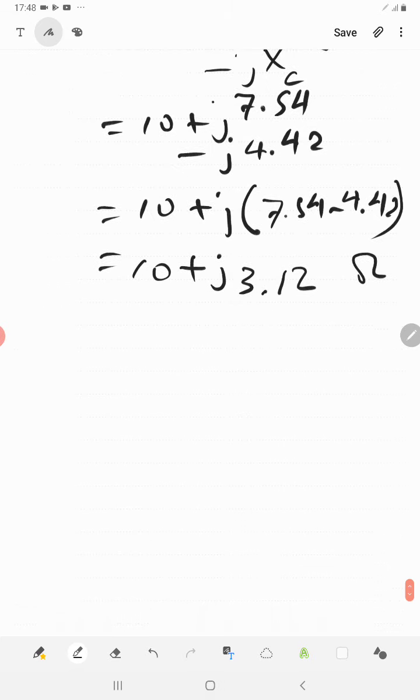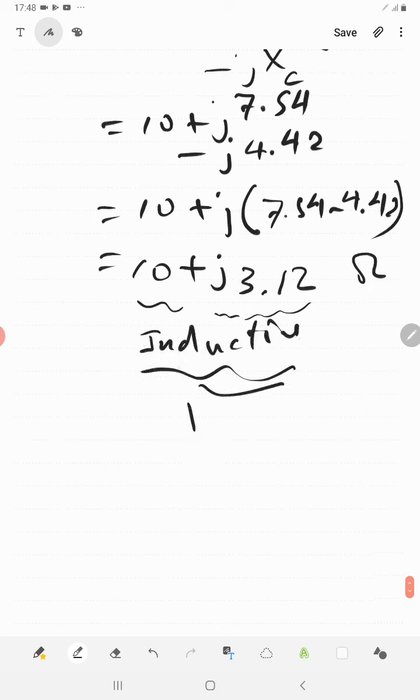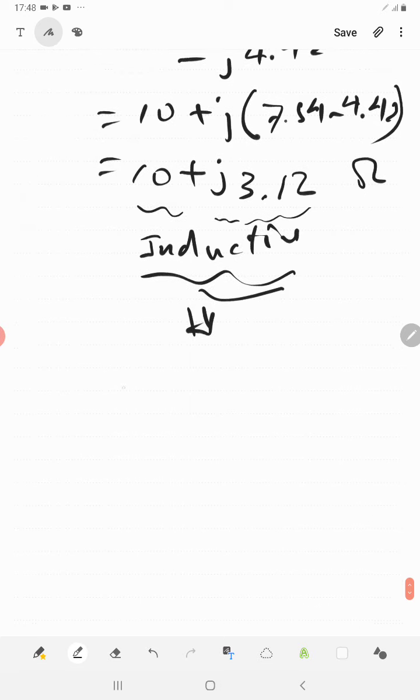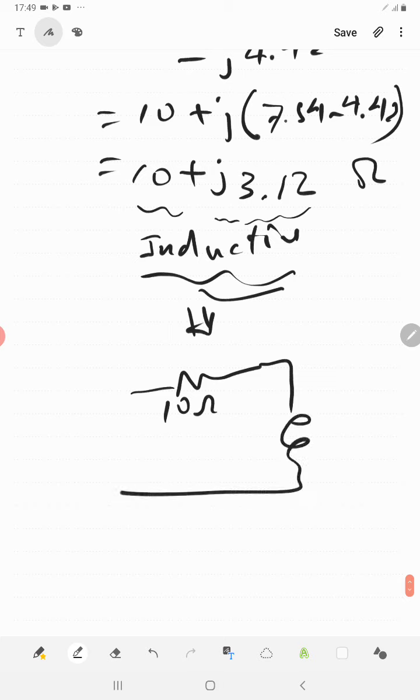Okay, so this is the impedance seen by the circuit, which is plus j, so we call it inductive. We can represent this by an equivalent circuit of a resistance of 10 ohms and a reactance of 3.12 ohms. Why an inductor? Because it's plus j.